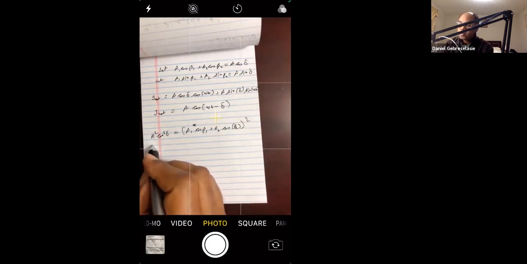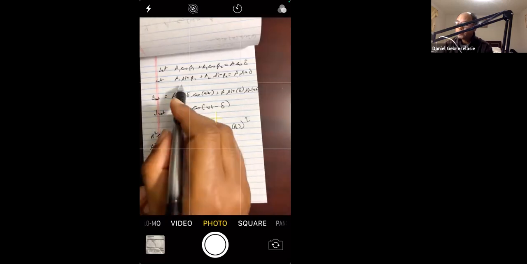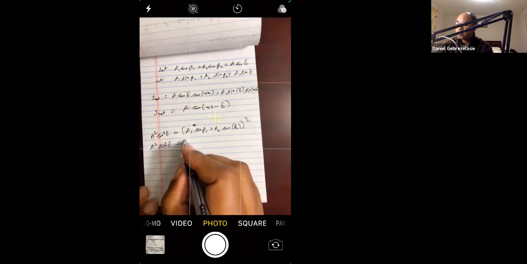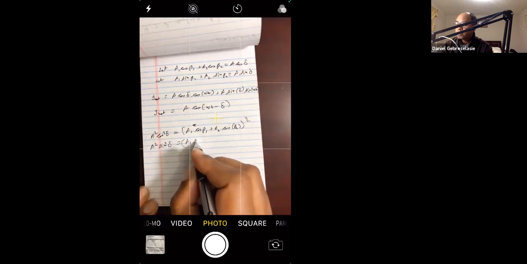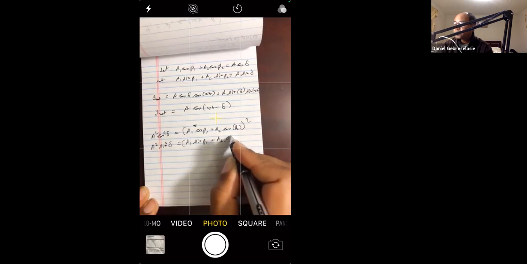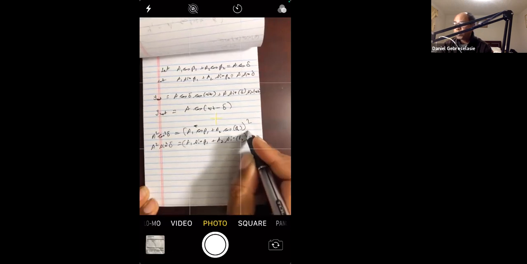And then the other one, you square it, you get A squared sine squared delta, which is a1 sine of beta 1 plus a2 sine of beta 2, squared, okay? Can you tell me what's the sum of these two? A squared cosine squared of delta and A squared sine squared of delta.